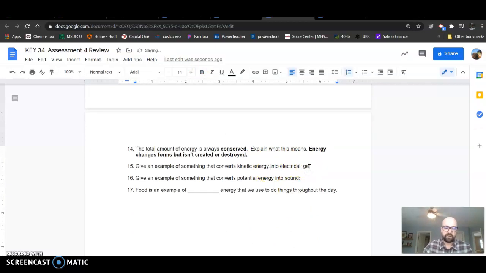That could be like a generator is what most kids are saying, or they're saying windmills, something like that. That's fine. Potential energy into sound. Your cell phone runs on a battery, so if it rings, I would say your cell phone is a great example, or dings or something. And your food is an example of chemical potential energy that you use to do things throughout the day.